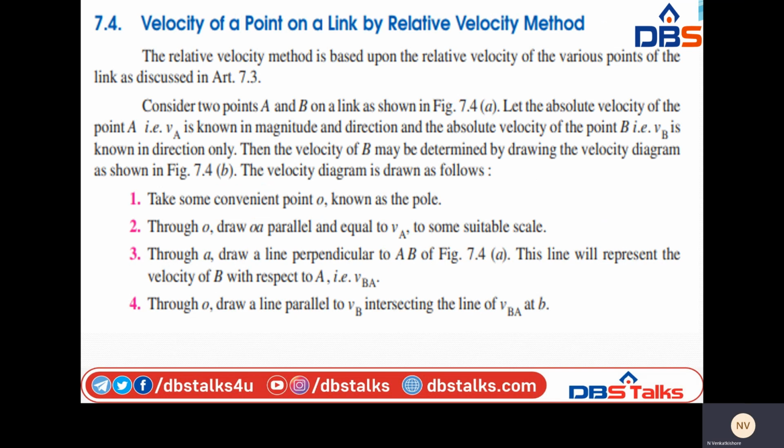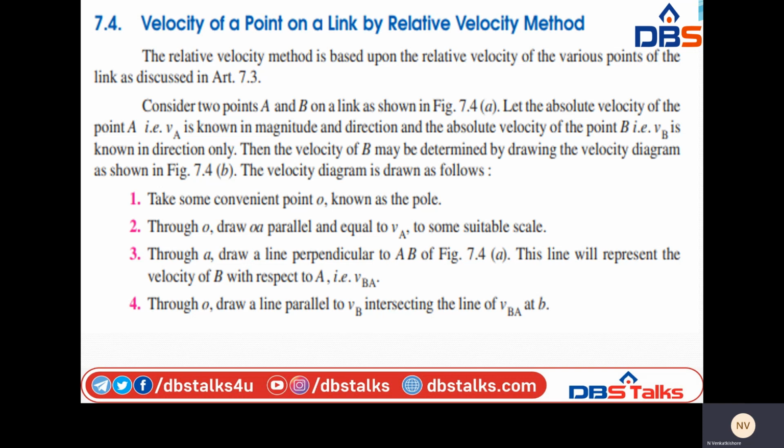Let the absolute velocity of the point A, that is VA, be known in magnitude and direction, and the absolute velocity of point B, that is VB, be known in direction only. So point B gives only direction, and point A gives both magnitude and direction.